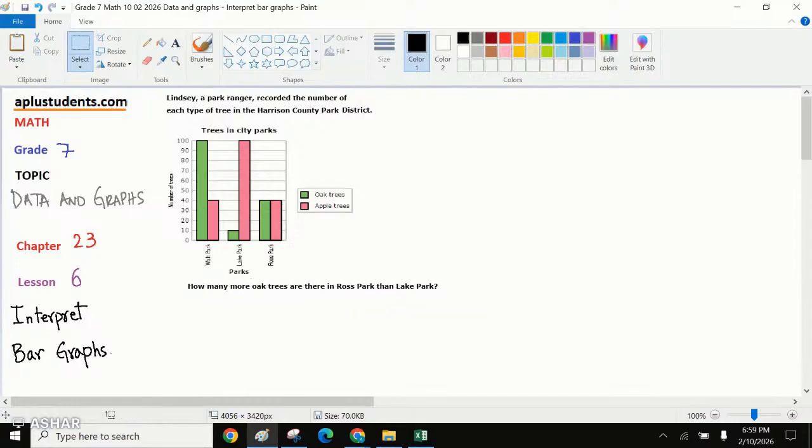How many more oak trees are there in the Rose Park than Lake Park? There are 2 parks being discussed here. This is Walt Park, this is Lake Park, and this is Rose Park. The green bar represents the oak trees, while the red bar represents the apple trees.